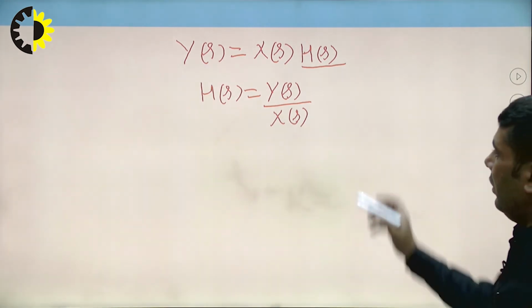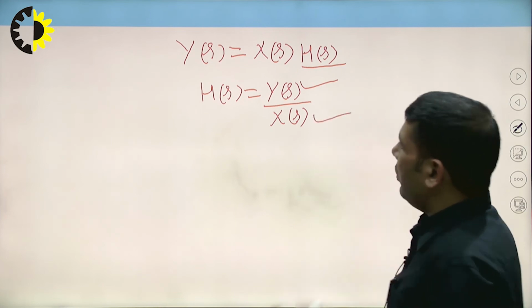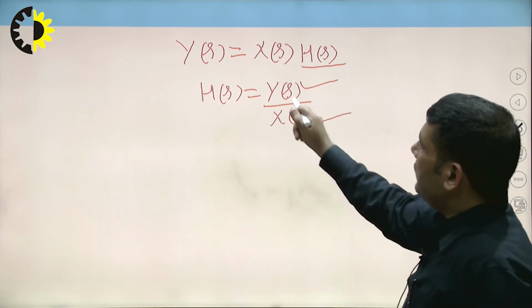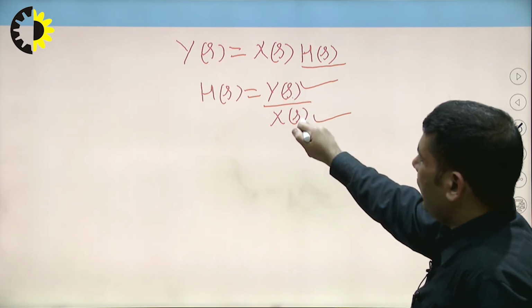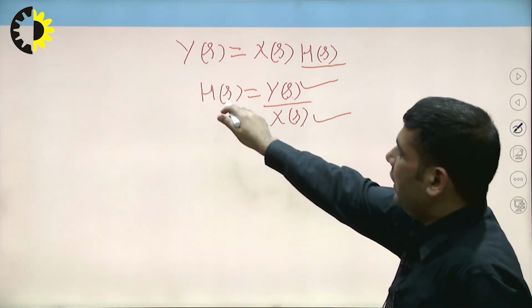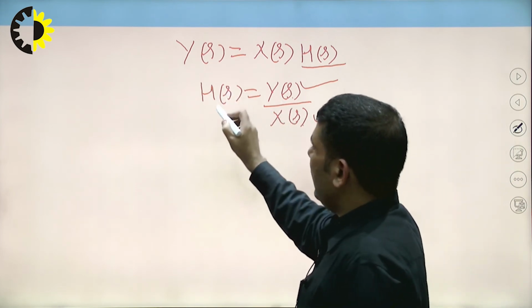This is the numerator polynomial, this is the denominator polynomial. Technically, this is the Laplace transform of the output, this is the Laplace transform of the input or excitation, and this is the Laplace transform of the impulse response. This is known as the system function.